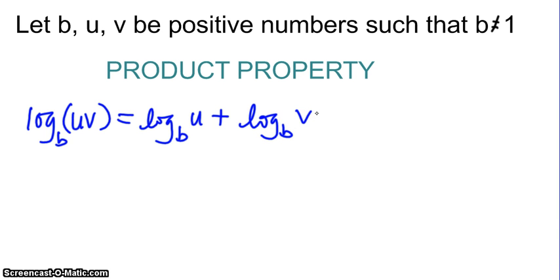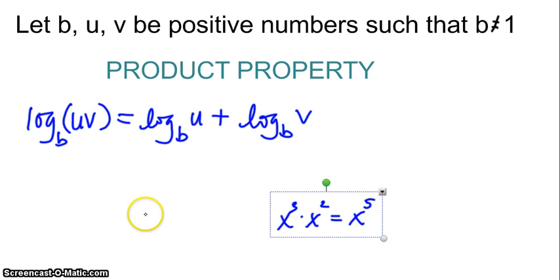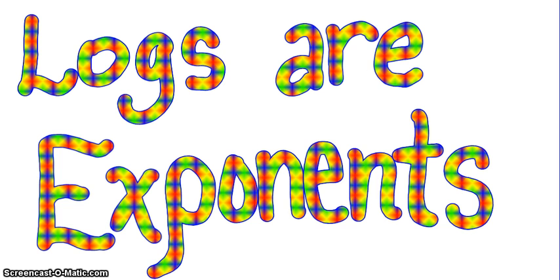The way you want to remember this is from your exponent laws. Here I'm multiplying with the same base, and when you multiplied with the same base, you added exponents, and that's just what's happening here, because logs are exponents.